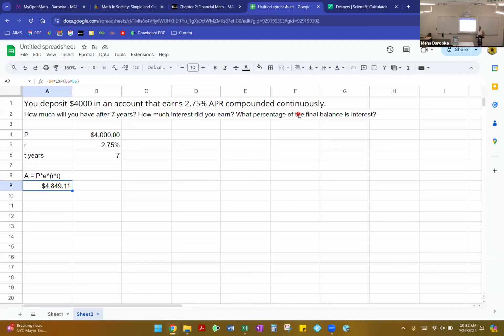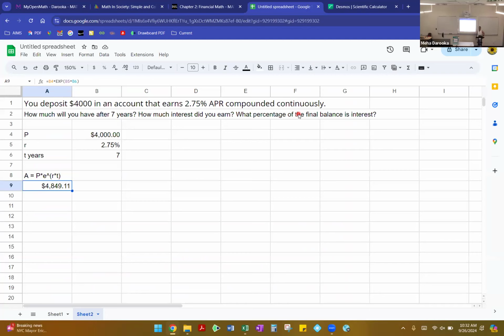A is the number we just calculated minus the original principal. So of course you can see $849.11 becomes our interest.